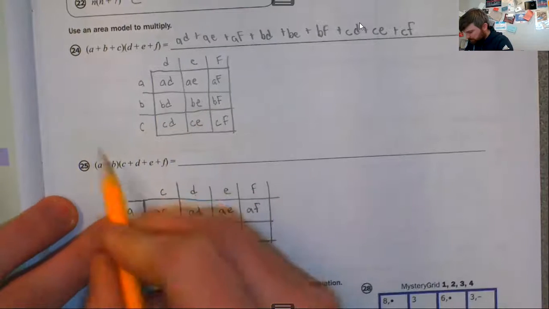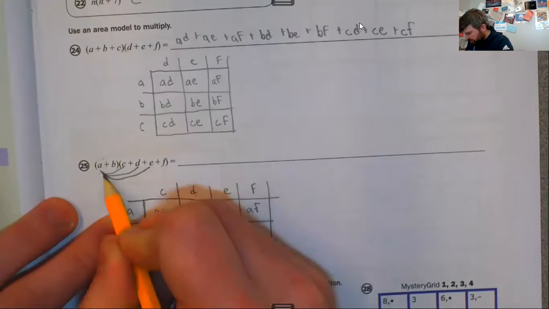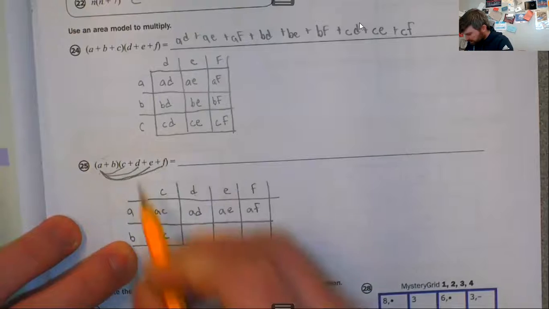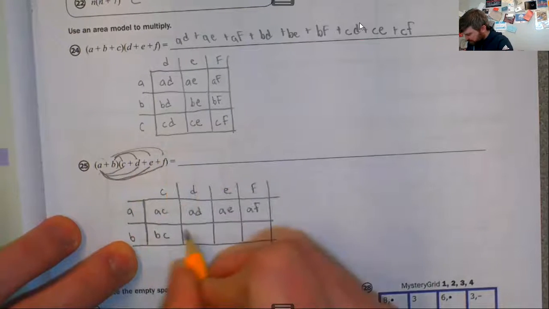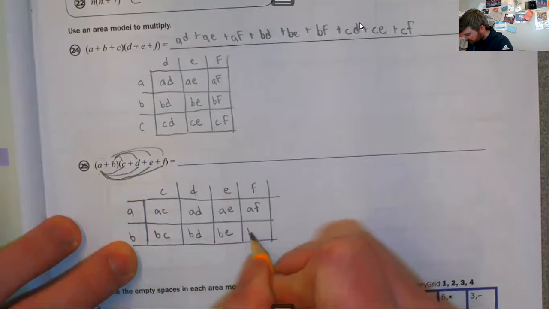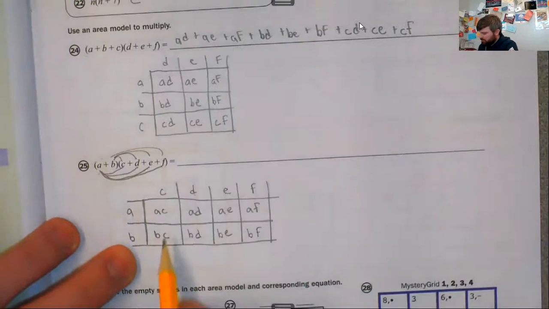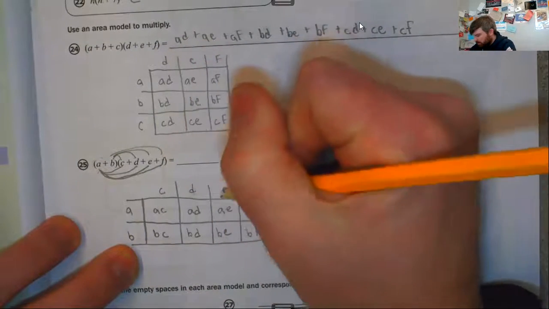So what we did, if we look up here, we took A times each one of these letters in here. Then when we go down here, we're going to take B times each one of these letters too. So you got BD, BE, and BF. And then none of them have the same letters or anything. So we just have to write all 8 of them up here.